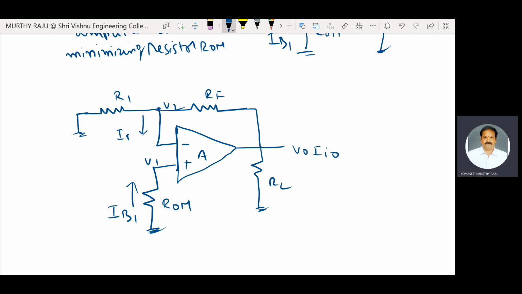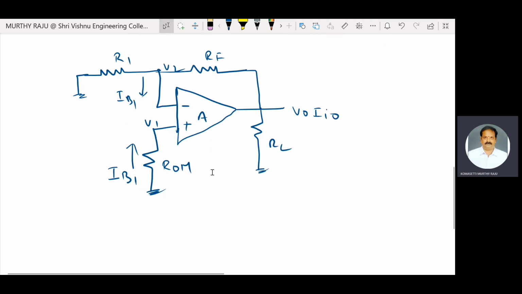This one is IB1. The use of ROM in series with the non-inverting terminal reduces the output offset voltage due to input bias current.